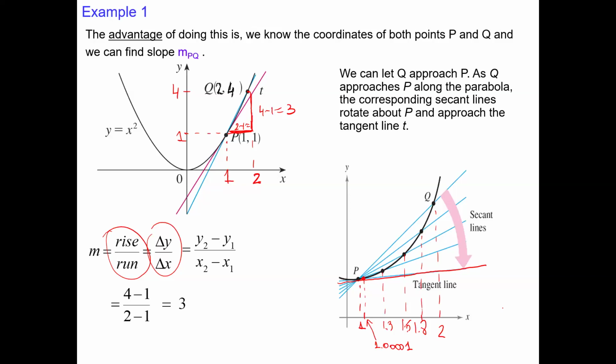When finding a tangent line, we're still using a secant line, but with as small an interval as possible, the smallest changes. It's almost between 1 and 1, but of course we cannot have 1 and 1, because 1 minus 1.0001 still creates a rise and run.